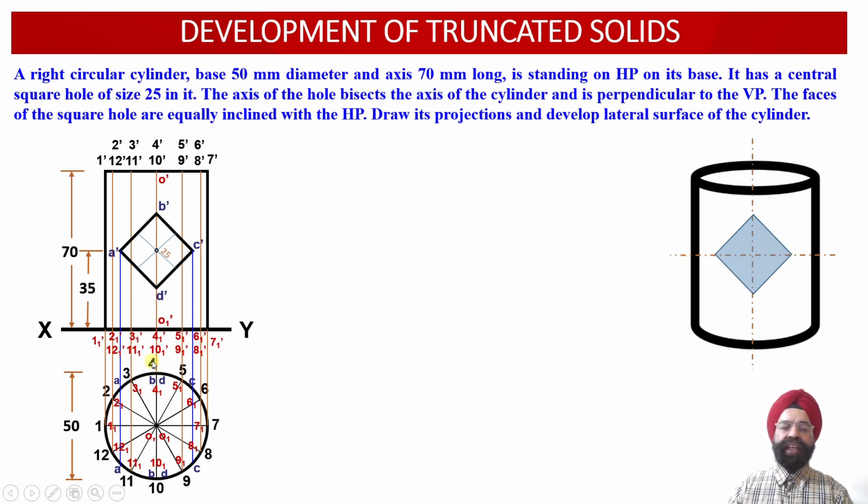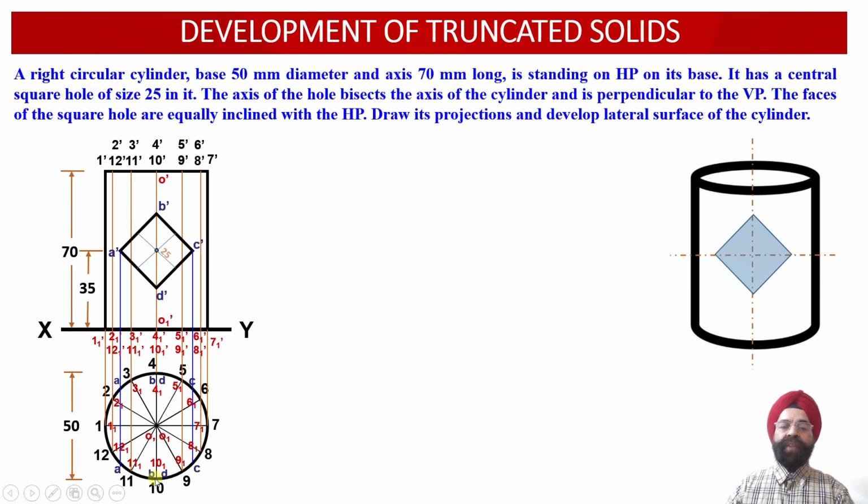So we can see in the top view projections, points 4-4-1 B and D will be coinciding on the rear side of this particular cylinder, and the points 10-10-1 B and D are also going to coincide on the front side or the front face of this particular cylinder.